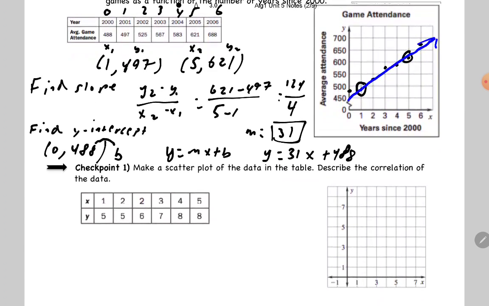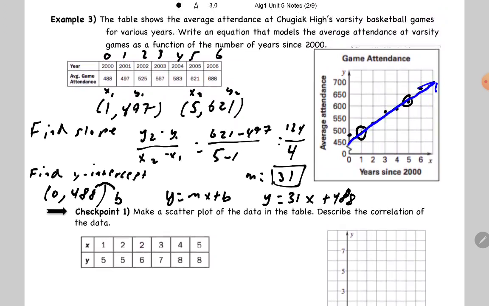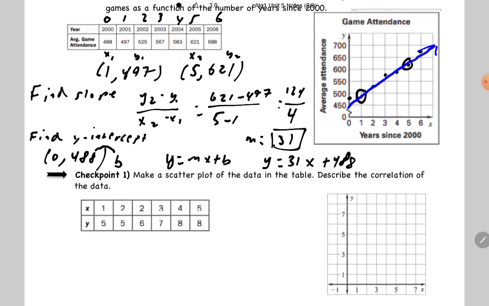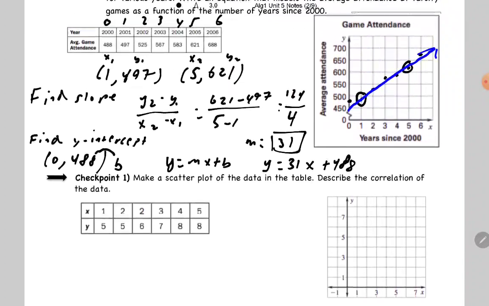But of course, there's got to be a limit because wherever they're hosting it, unless they're going to start hosting it at the new arena, it's going to eventually reach capacity. But we can try and predict at least the 7th year or 8th year.